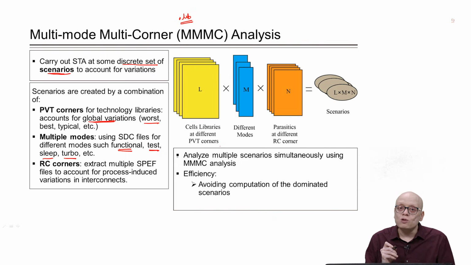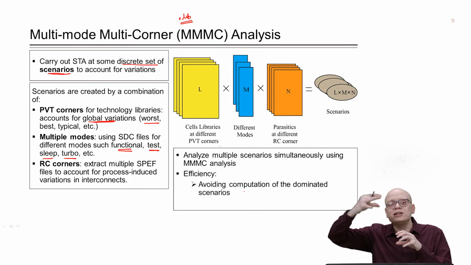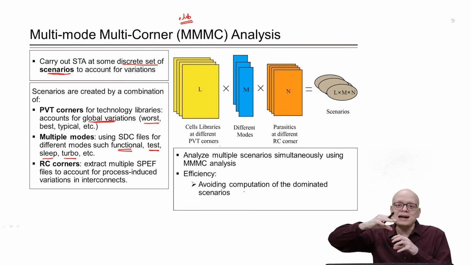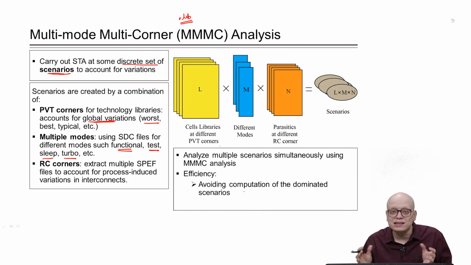So, what MMMC analysis does is that it avoids computation of dominated scenarios. If one scenario is dominated by some others, then that dominated scenario need not be evaluated separately, and therefore computation can be saved.